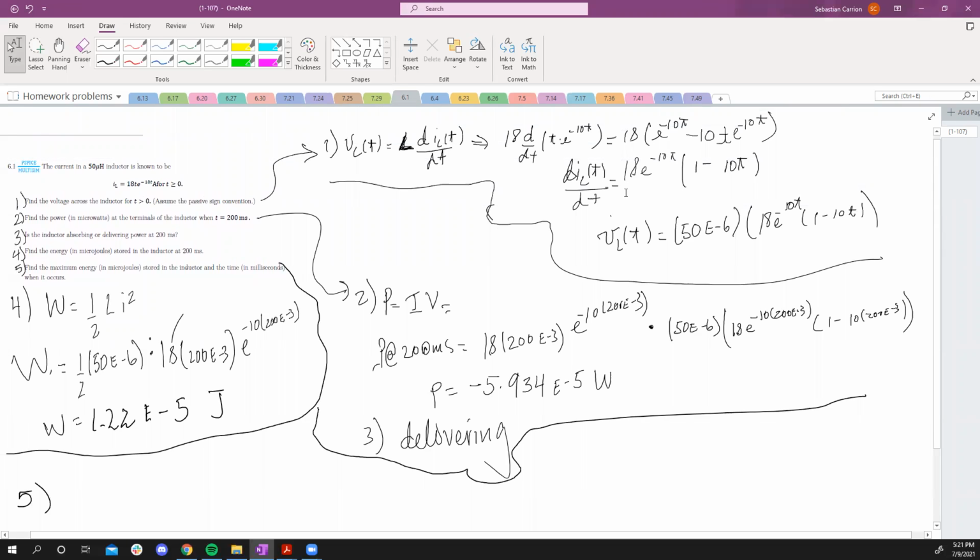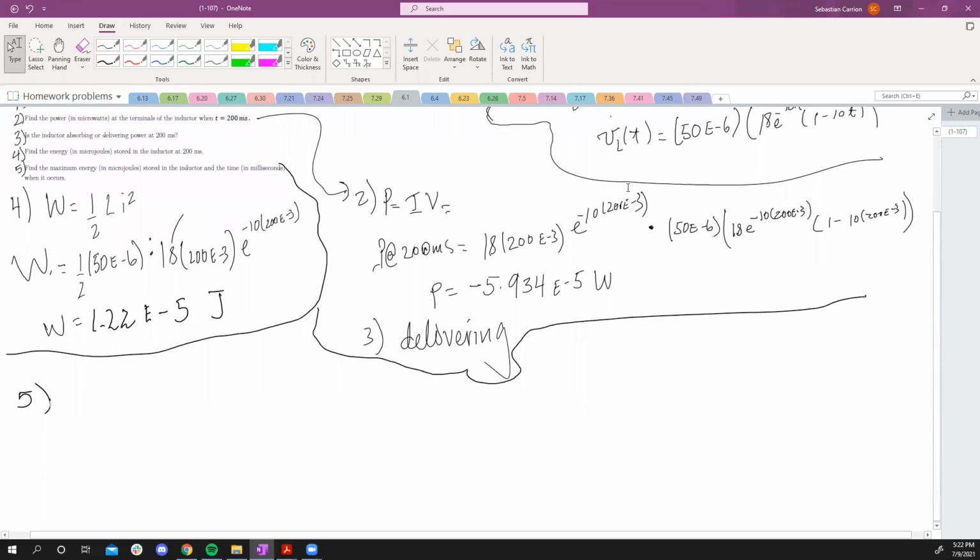Because our current is our charge over time, let's take the derivative of that and set it equal to 0.